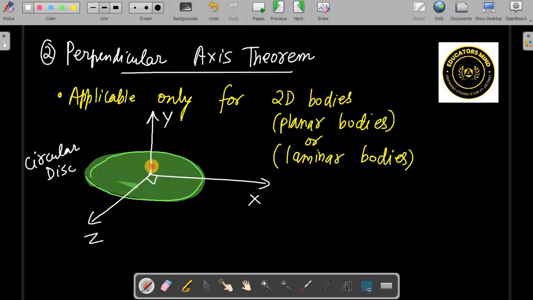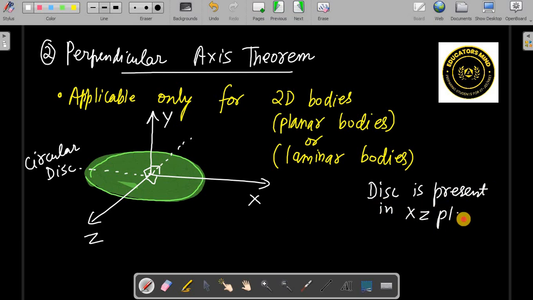All the three are perpendicular to each other, you know that, right? Now here you can clearly see that z-axis and x-axis are in the plane of this body, right? So the body or the disk is present in the xz plane, right? And y-axis is perpendicular to this plane.